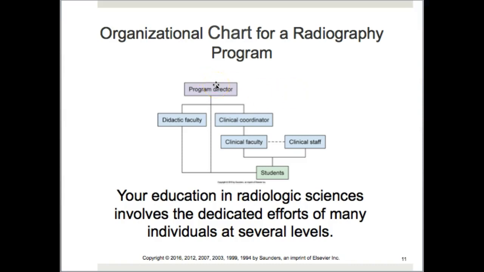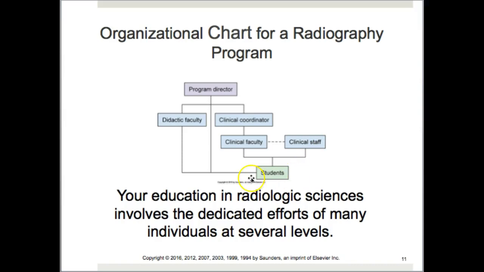So a normal organizational chart is program director, and then the program director oversees the clinical coordinator, and then we have, they say clinical faculty here, so the clinical faculty is at the facility, and this person typically is a clinical instructor. So this is your CI. And then under your CI or lateral, so it could go either way, so it could be here or here, either way, is your technologist that you're working with, so your clinical staff.